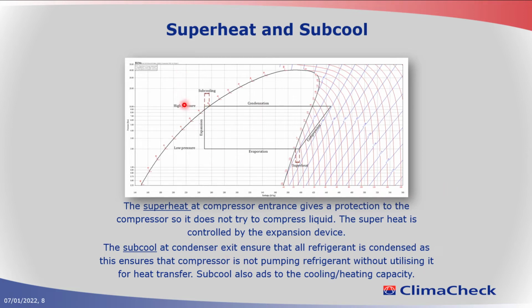And for the subcool, most expansion devices need 100% liquid to work properly, so you need some subcool to get 100% liquid at the expansion device. As we will see in coming slides, we will also see a little bit on how superheat and subcool influence the performance of the system.